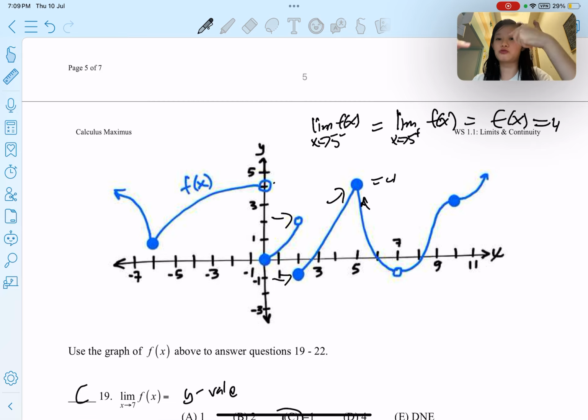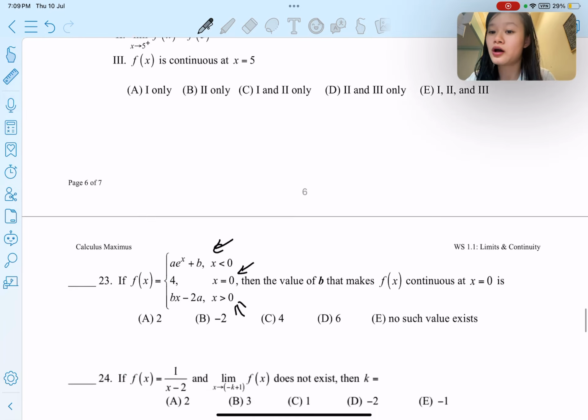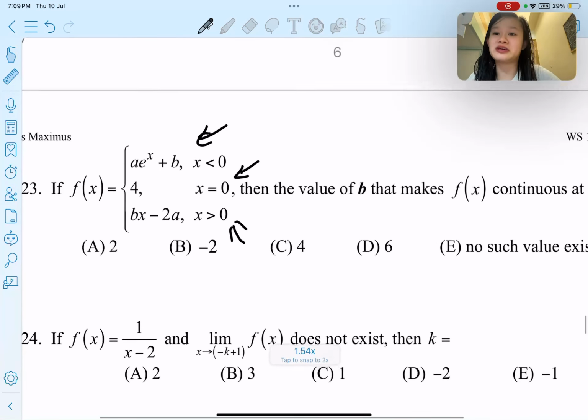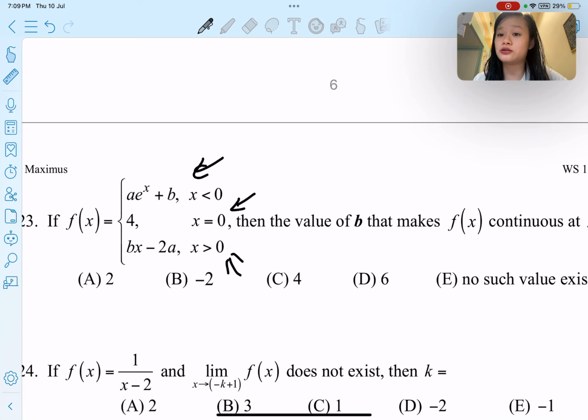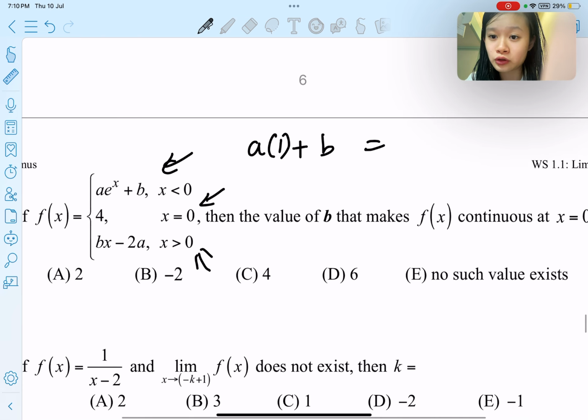This is the 3-step rule that I think you guys will learn, or already have learned. When you put 0 in for x, a to the 0 is 1, plus b equals 4.